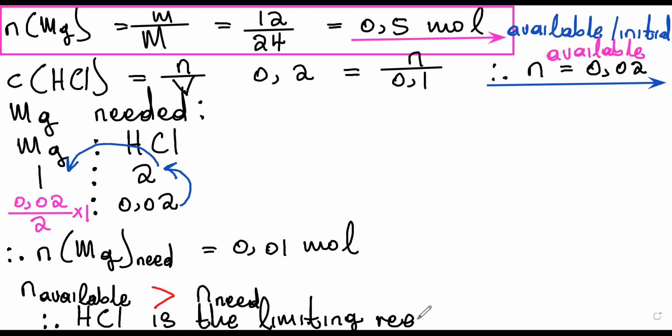The question said, determine which one is the limiting reagent or reactant, so you have to tell us in terms of limiting, not in terms of excess. Although it won't be wrong if you said magnesium is the excess reagent, always try to answer the question according to what they asked you.